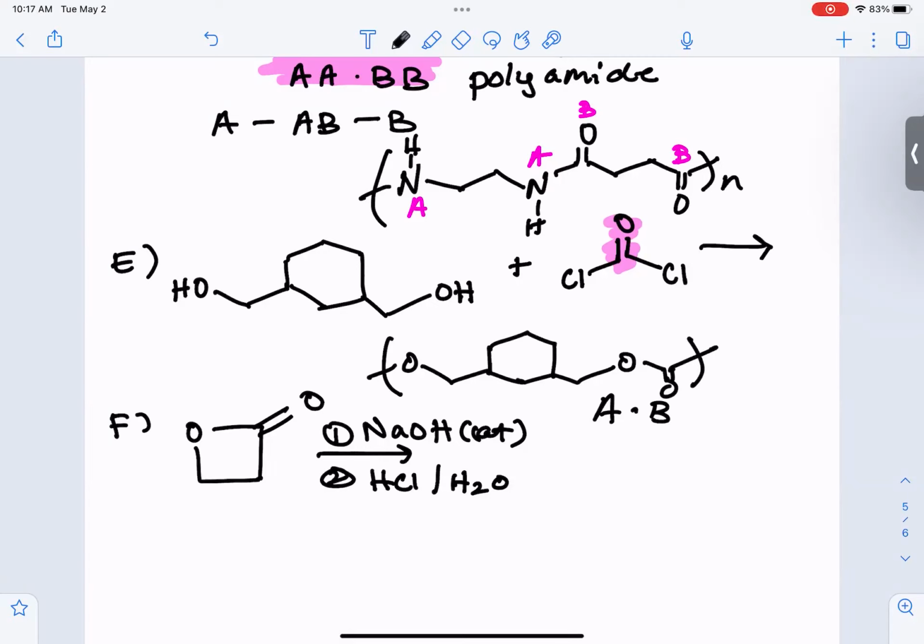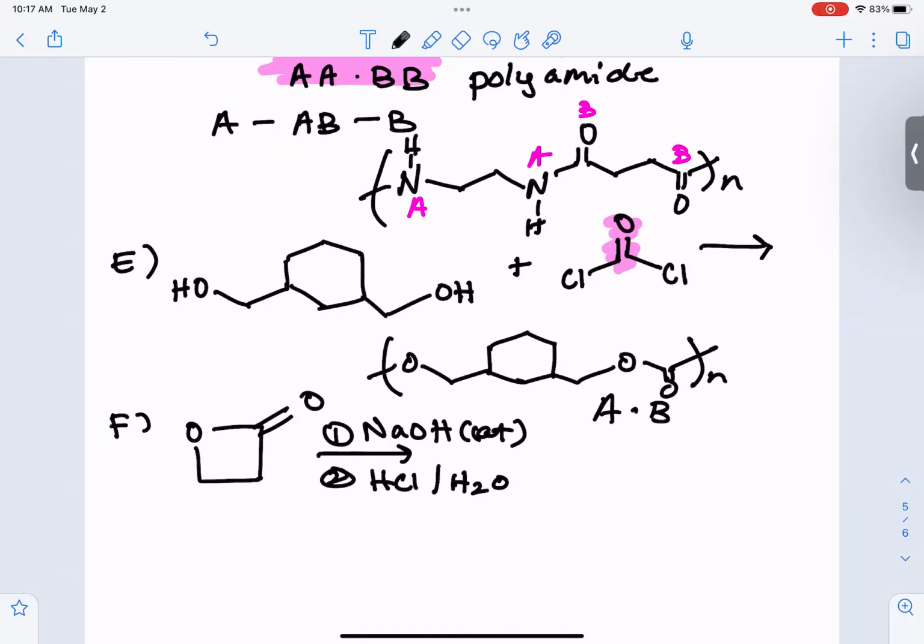It's not as clear of an A, B, B, just because there's no chain. It's just the carbonyl. Let me put my N there. All right.